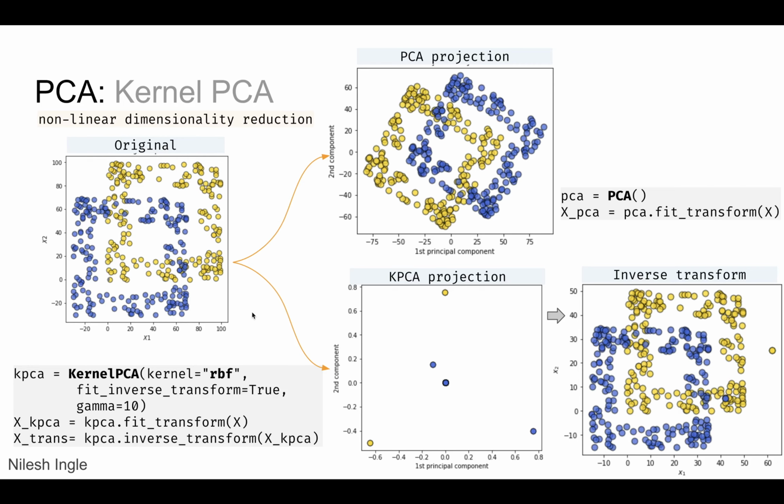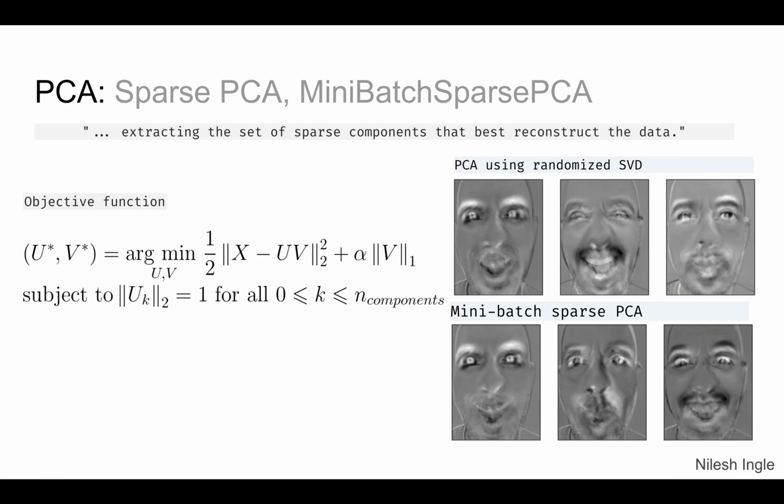If we perform a kernel PCA projection, for example, using RBF in this case, which is the radial basis function, then we get this plot. And we can go back from the projection to the original data as shown here. It's not exactly what it was in the original data, but it's much closer. So that's the kernel PCA.